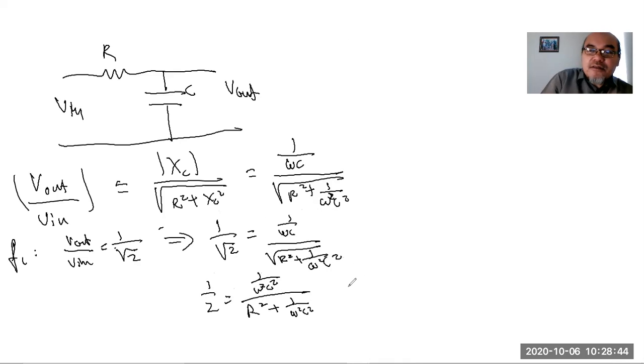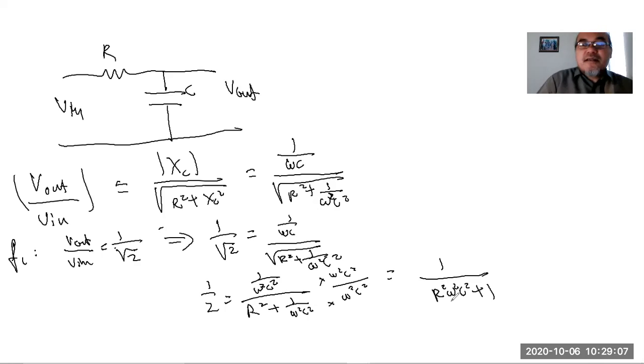If we multiply both numerator and denominator with omega square C square, this will be equal to 1 over R square omega square C square plus 1.